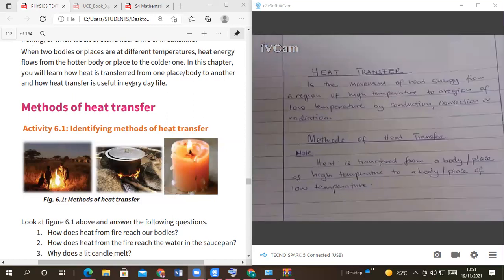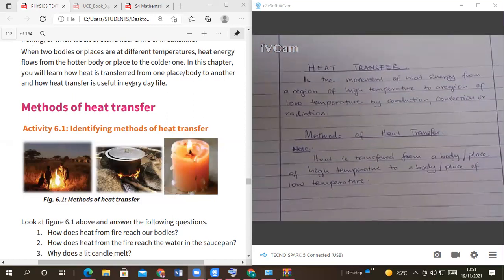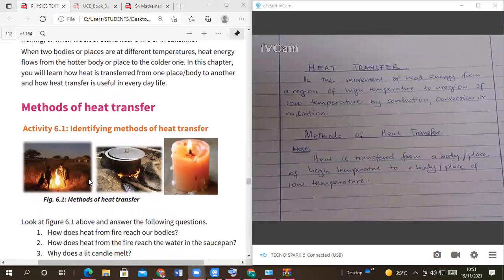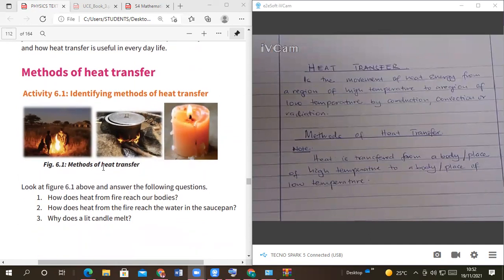Okay. So we are going to look at those methods, but let us look at how we identify those three methods. I want you to look at these pictures which are here, and we are going to answer these questions. This one is just going to be our discussion. We are not going to write anything here.